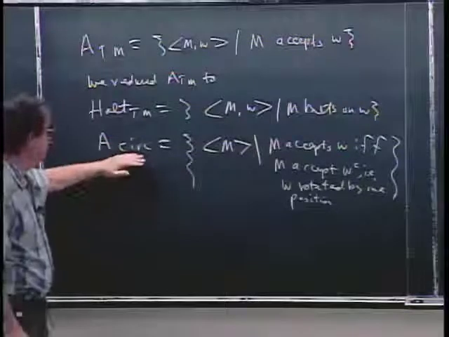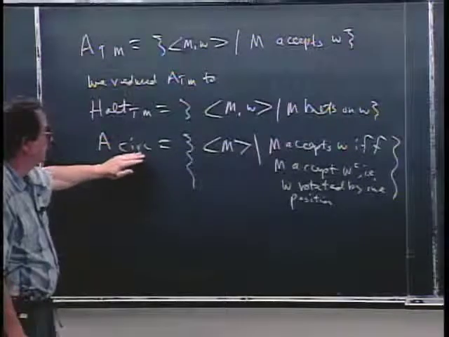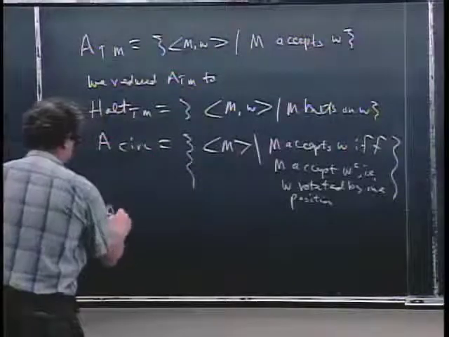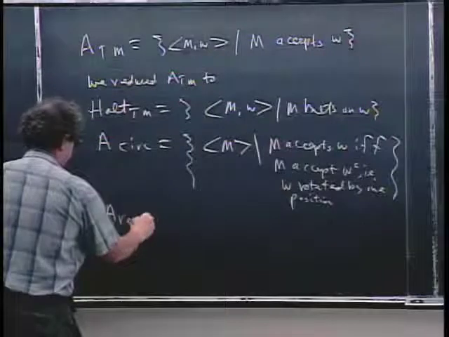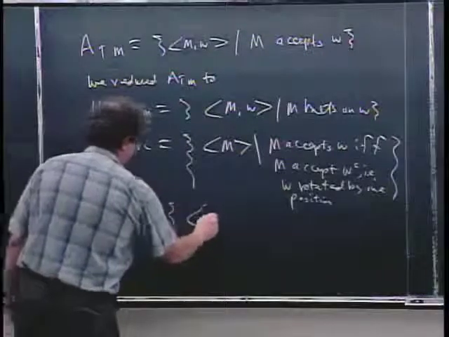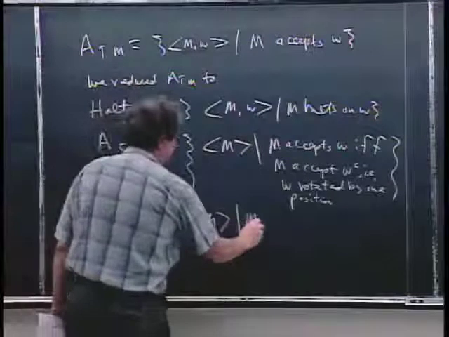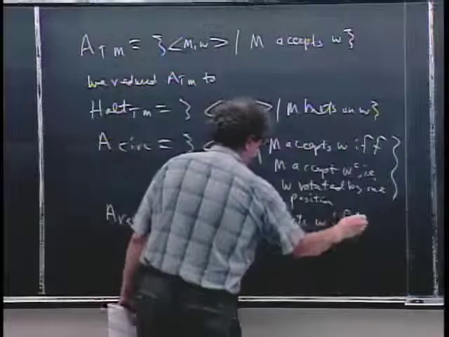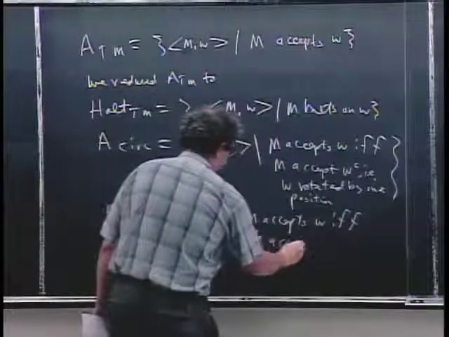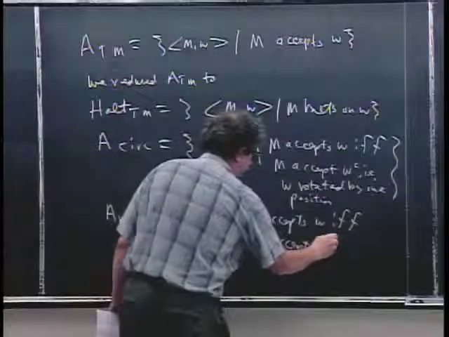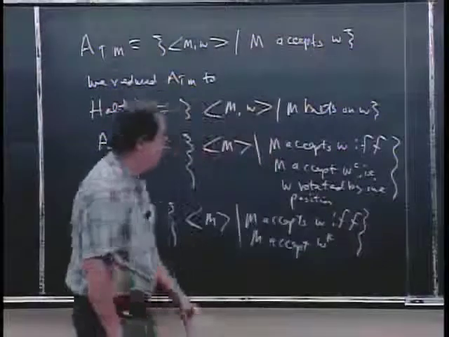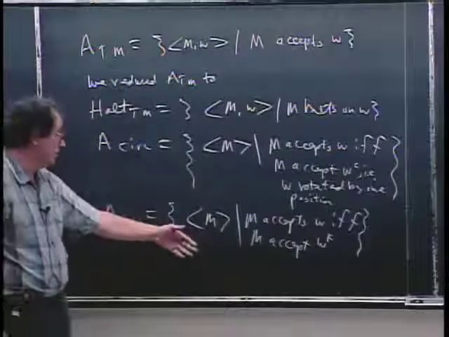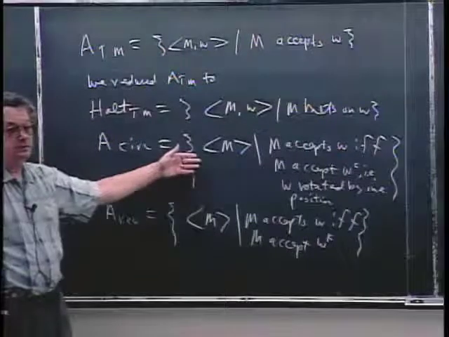But if you understand this, then the homework problem, which is the set of M such that M accepts W if and only if M accepts its reverse, you can solve in a way that's similar to what I showed you for this one.